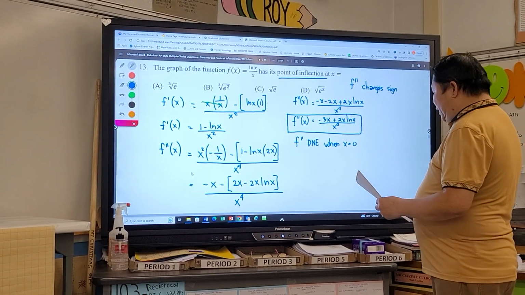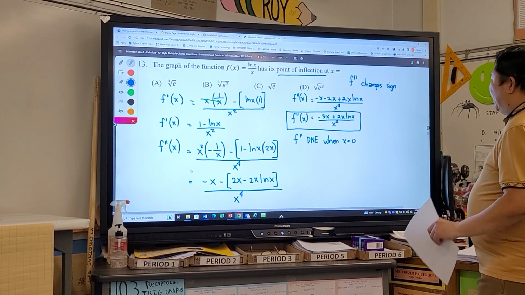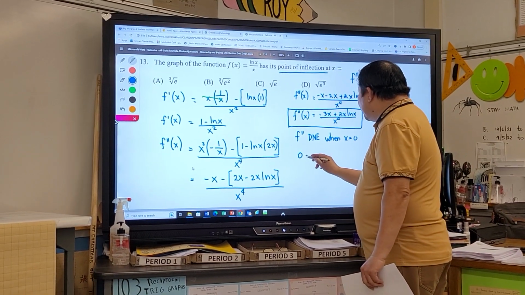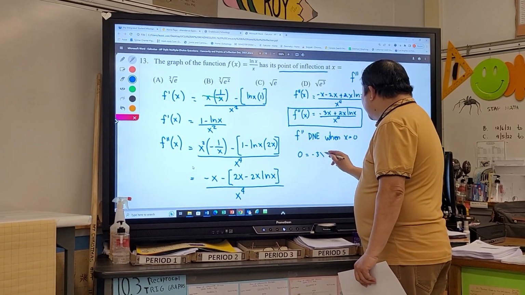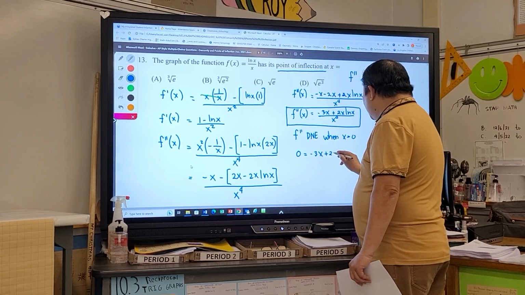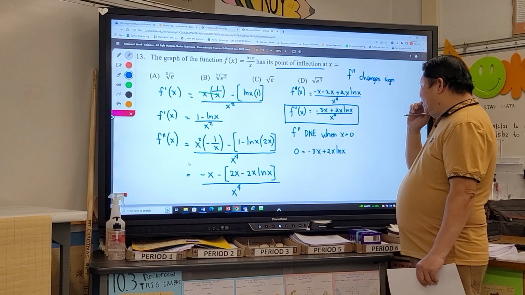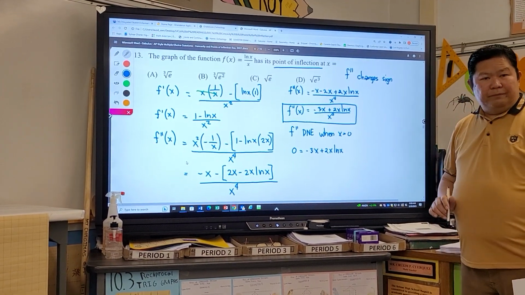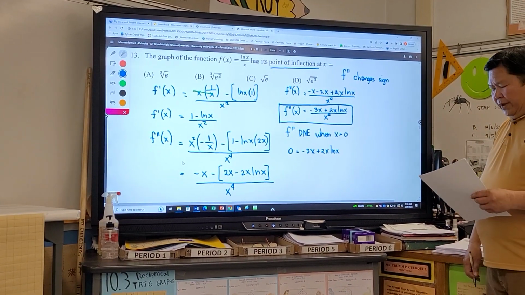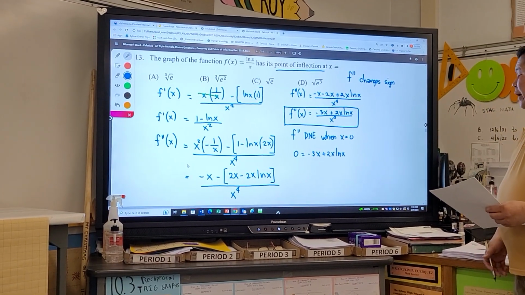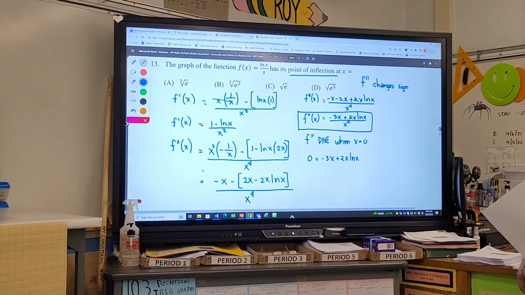Okay. So, isn't it that we equate to 0? 0 is equal to negative 3x plus 2x ln x, and then we're gonna solve for x, right? In this case, can we factor out x?